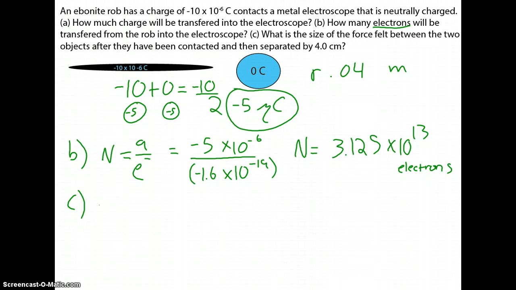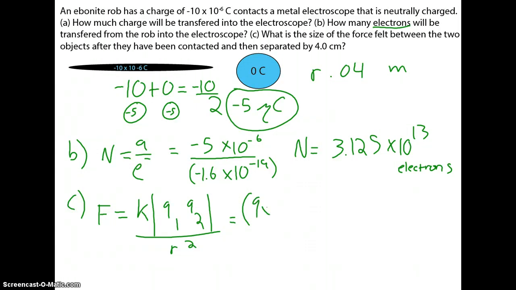Now use the force equation, which is force equals K, absolute value of the first charge and second charge, over the radius squared. So I'm just going to draw that over here. K is a constant of 9 times 10 to the ninth.